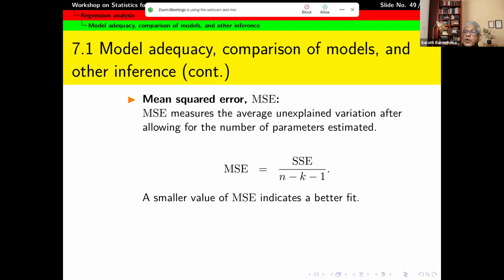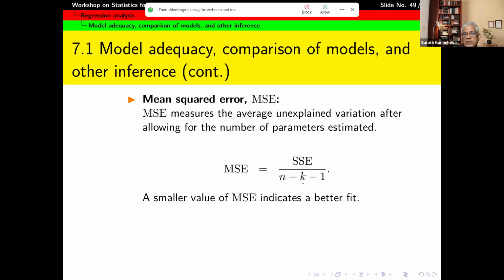So instead of looking at SSE, it's better to look at something called the mean squared error. The mean squared error is given by SSE divided by n minus k minus 1, where n is the number of observations and k is the number of variables. You can use MSE to compare two models even if they have different numbers of variables, because the number of variables has been taken care of.